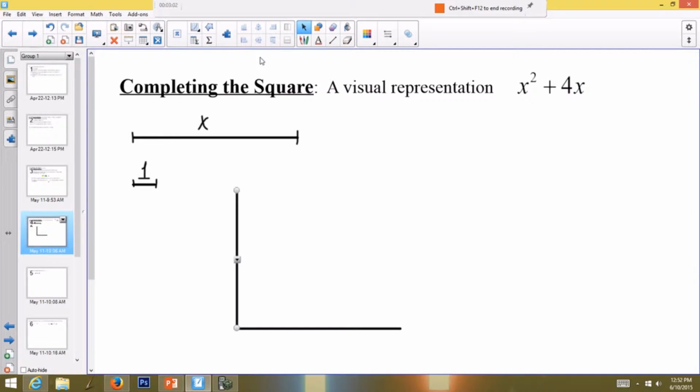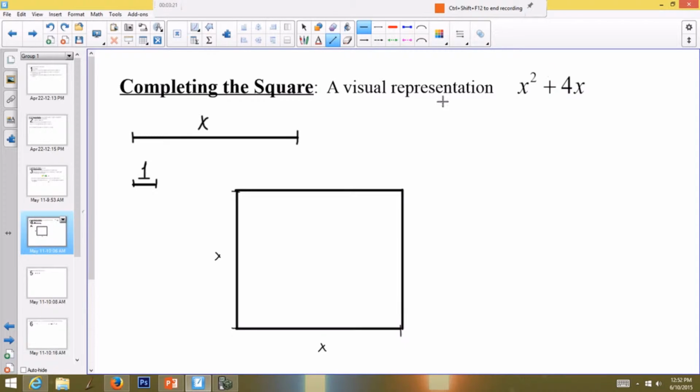So right here, we have an x by x, so this area right here represents x squared. Well, I've got 4x.